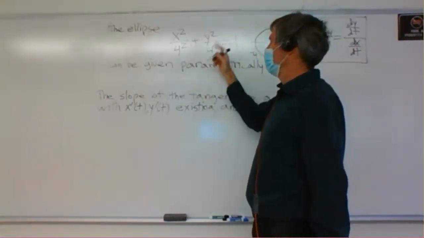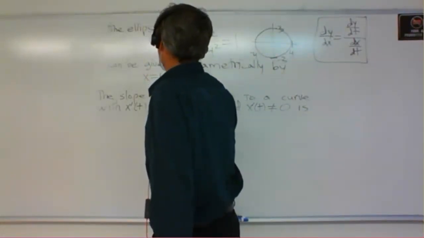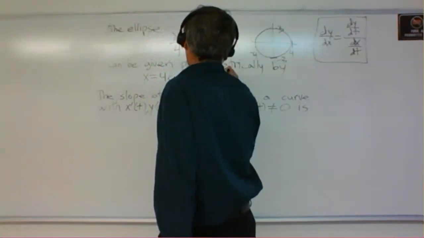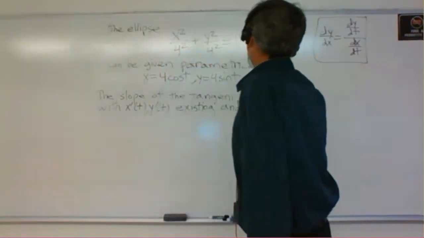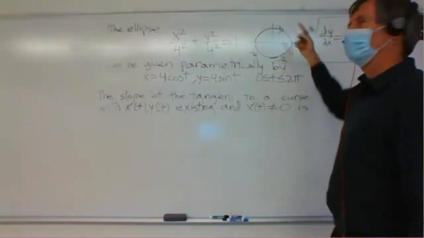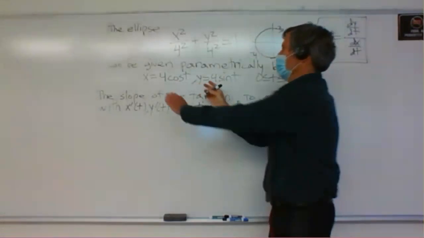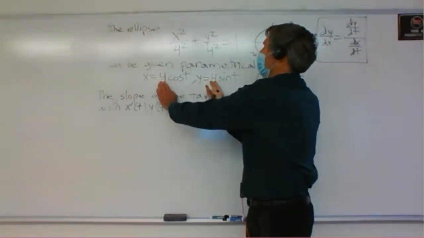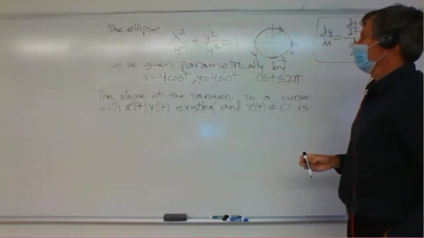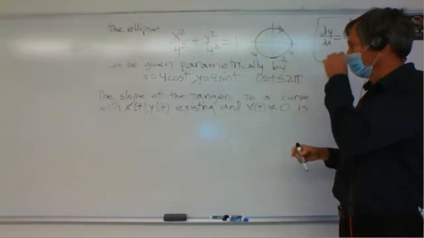Remember, if it was x squared plus y squared equals 4 squared, we could let x equal 4 cosine t and y equal 4 sine t, and let t run, say, from 0 to 2 pi, and then t was the polar angle, and it went around once on the circle of radius 4, right? It was the unit circle of trigonometry multiplied by 4, so you're 4 times as far out. And that gave us the circle of radius 4 as you went polar angle from 0 to 2 pi.